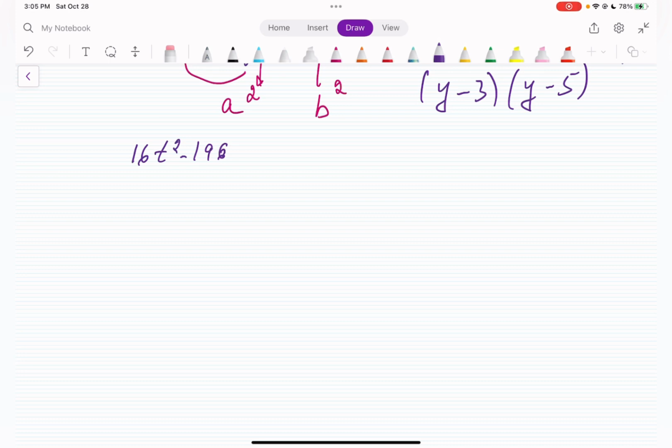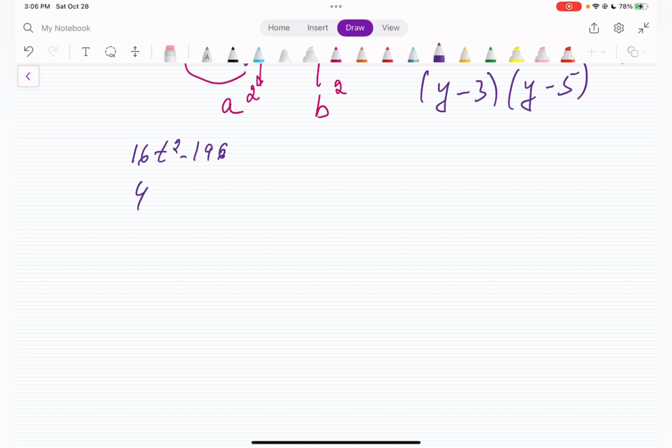16 and 196, both of them are even numbers, so I can take 2 out. Or even 4 maybe. 4 times, how much? 16 divided by 4, it's going to be 4 times. 16 divided by 4 is 4, right?